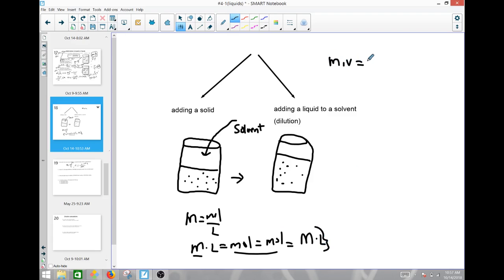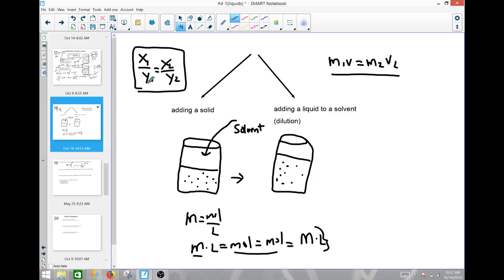M1V1 equals M2V2. This is not your typical linear relationship. A linear relationship goes x1 over y1 equals x2 over y2. Many things we do in our everyday life follow linear proportion. Make $10 per 1 hour. Or 2 hours, how much money do you make? 10 hours, how much money? If you want to make $158.25, how much time do you have to work?